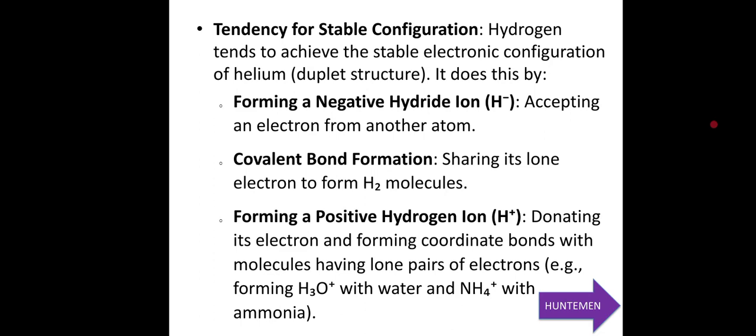When hydrogen forms a positive ion, that means it has donated its only electron, forming a coordinate bond with molecules having lone pairs of electrons. Examples are the hydronium ion with water, and the ammonium ion.